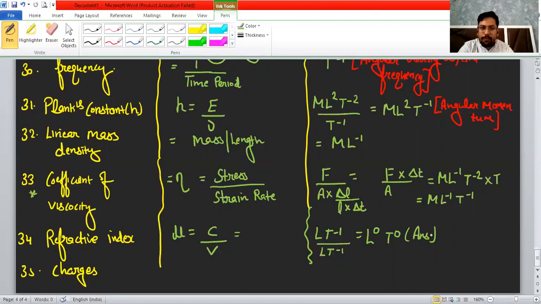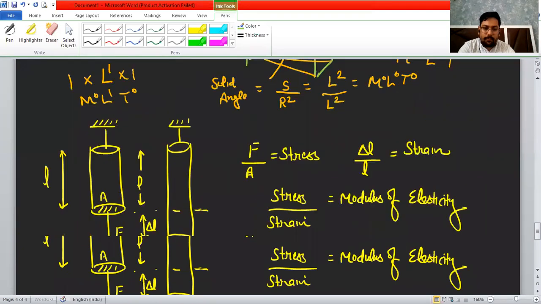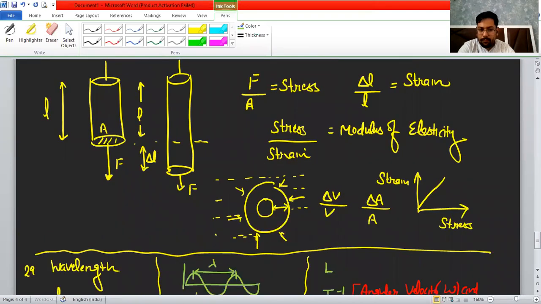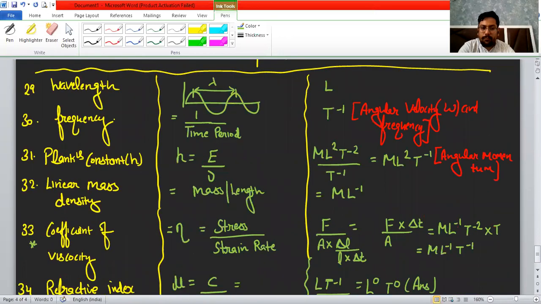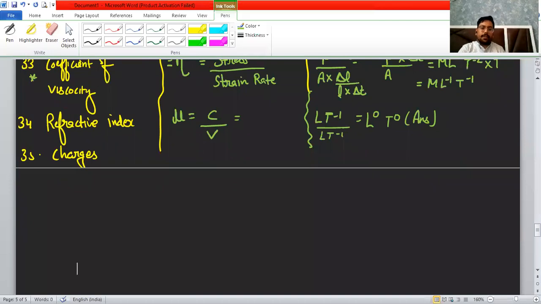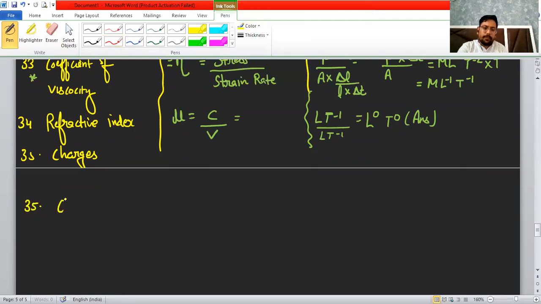After this we have charge. Next term is charge, an electric term. For charge we can use this formula.